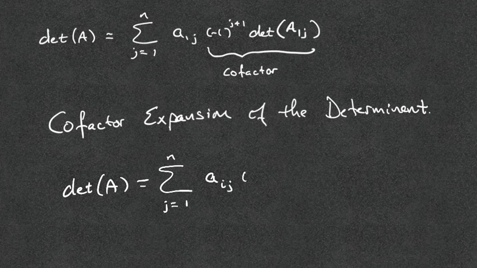What happens is we have a minus 1 to the i plus j instead of 1 plus j, and we still have the determinant of the submatrix we get when we get rid of the ith row and the jth column. And so with this, we're able to expand and compute the determinant in a more recursive manner. So we don't have to rely upon the formula. If we were going to compute the determinant, we've got a recursive way of doing that.